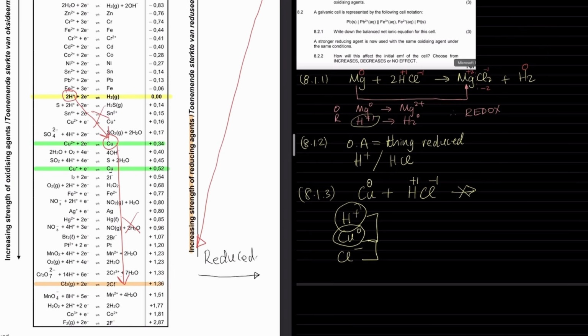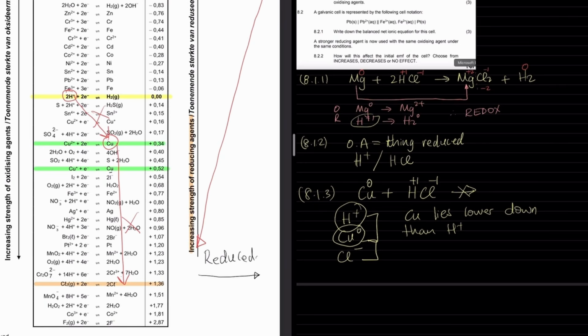Now how do we explain this? Obviously we can't say that there's no diagonal and so there's no reaction. What we are going to say rather is we are going to refer to the position of the ions. So we will say that copper lies lower down than H plus.